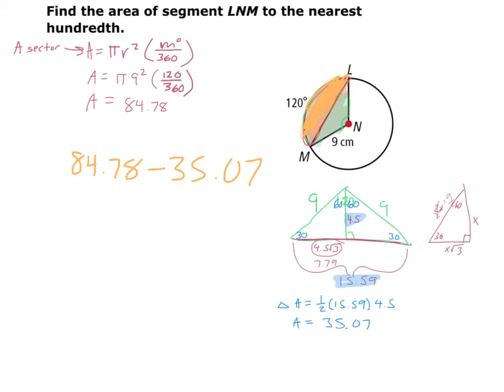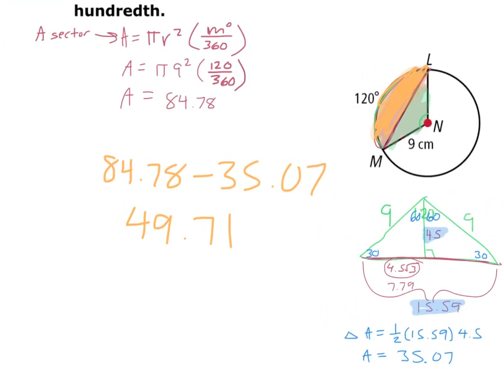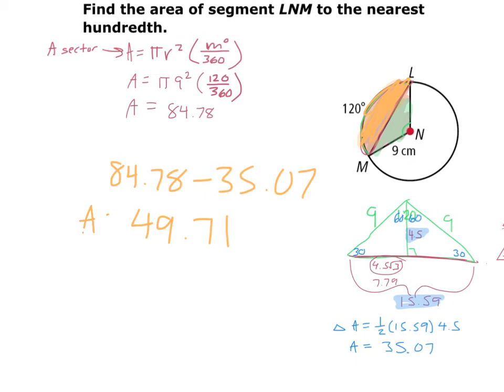So if we do 84.78 minus 35.07, we get 49.71. So this is our area of the segment.